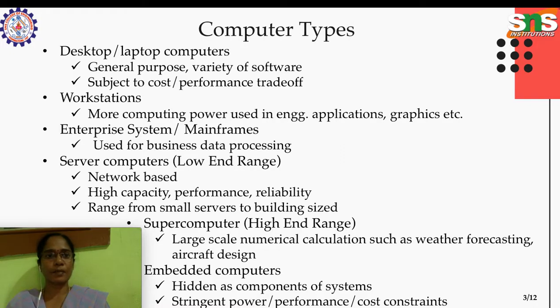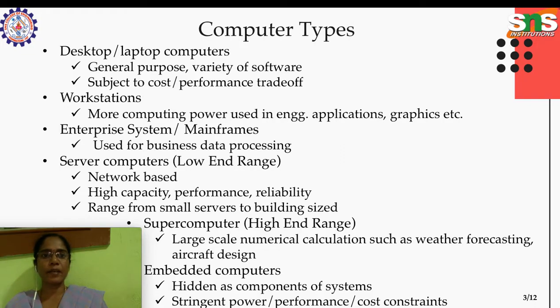Another type of computer system is the workstation. It is mainly used for computer aided design, 3D graphics and animation, audio video production. For that purpose, a workstation is used, whose computing power is much higher when compared to desktop or laptop computer systems.